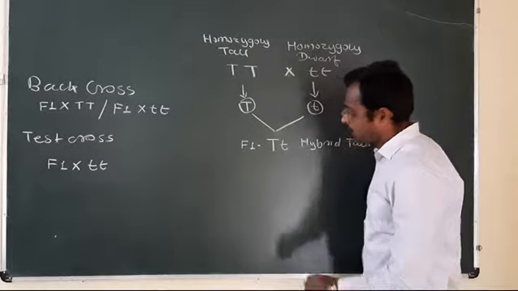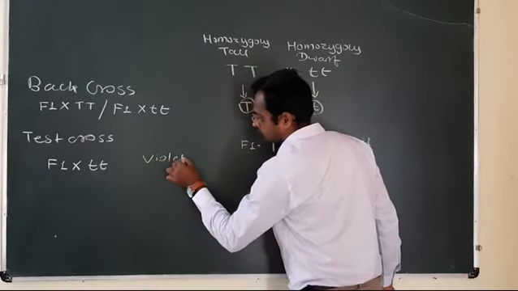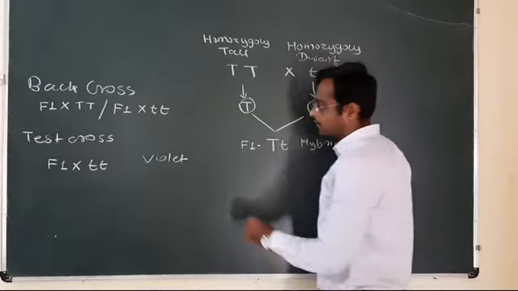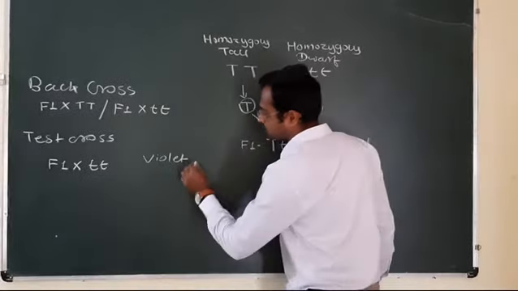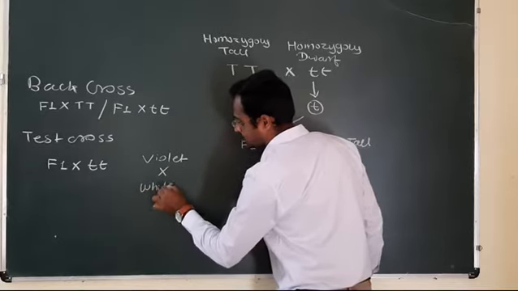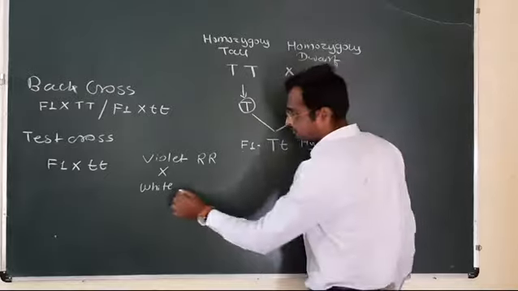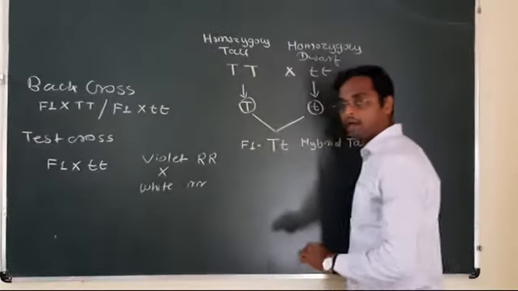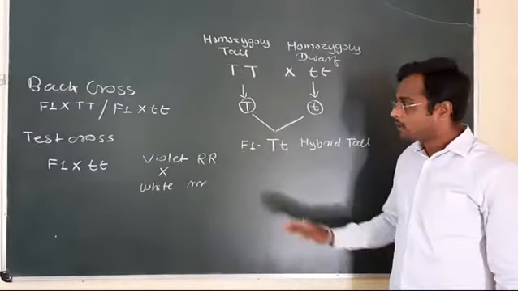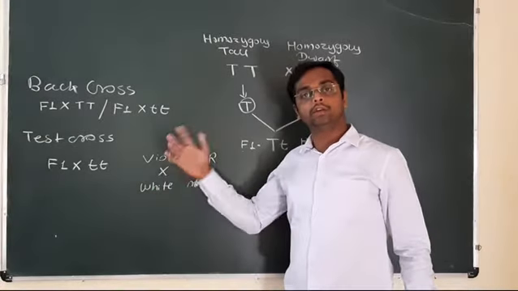Now, we can take another example. If a violet colored flower is crossed with white color. Violet color is denoted by capital R, and white color is denoted by small r, small r. Now, the genotype of violet color is unknown.